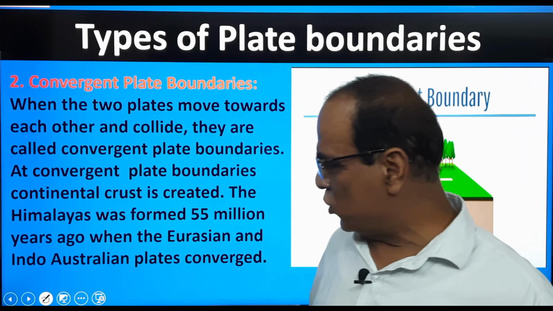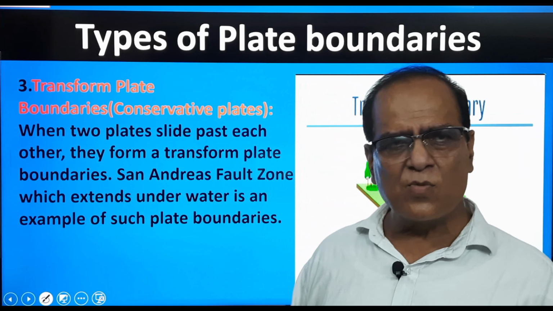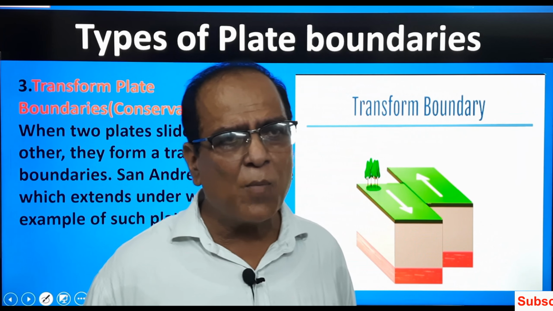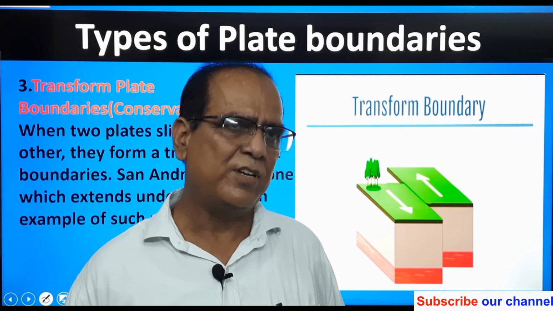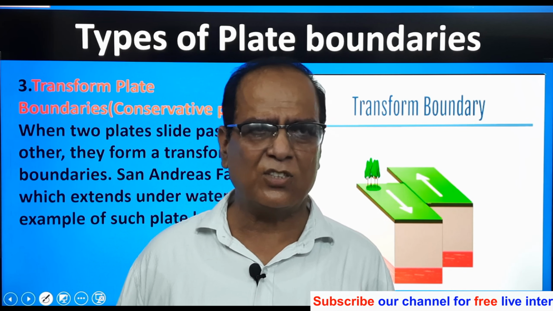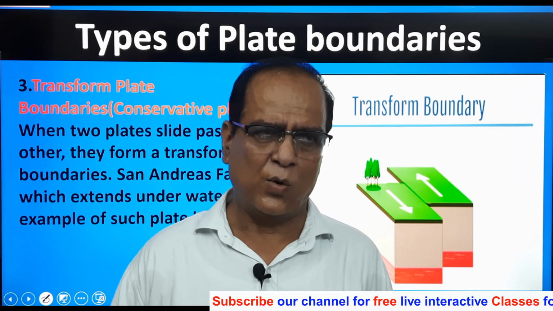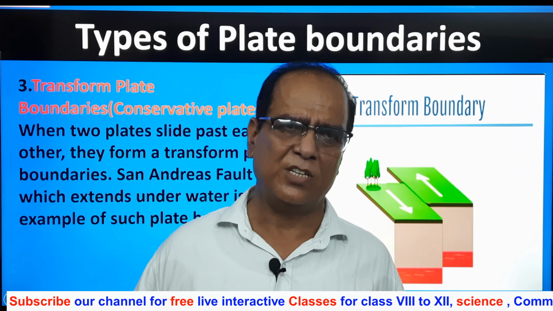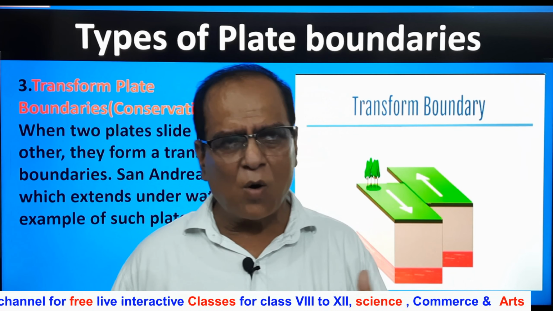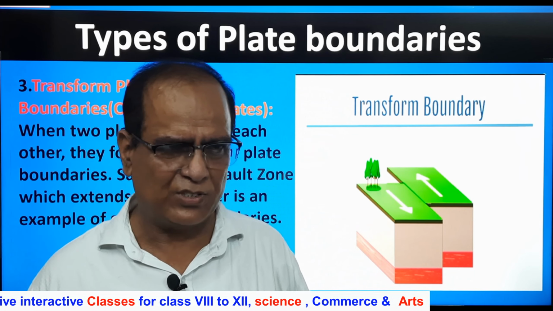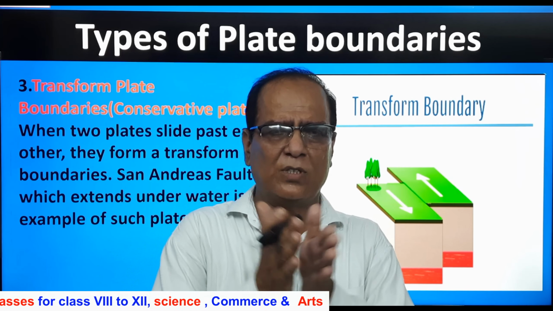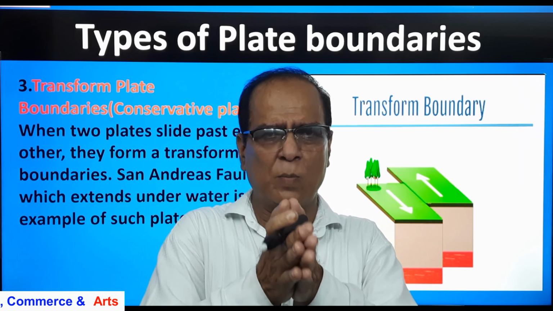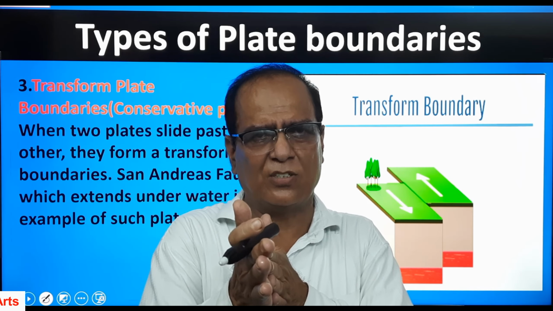Now let us move to the third one. The third one is the transform plate boundary, and it has been given another name also, conservative plates. What happens? When two plates slide past each other, they form a transform plate boundary. Suppose I am showing you with my hands, like these are two plates and they are sliding past each other.